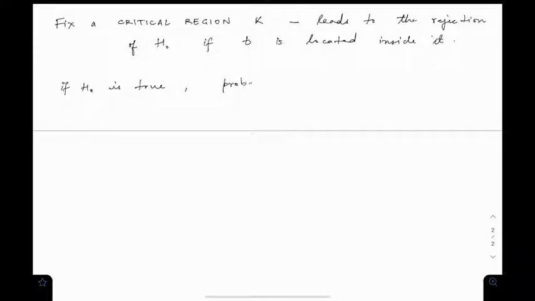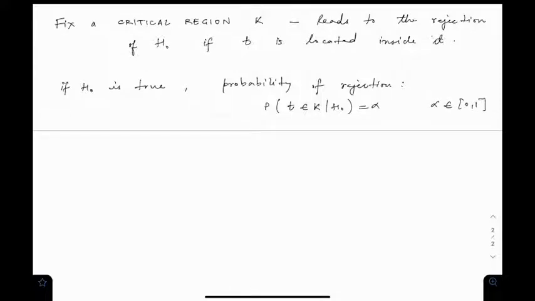the probability of rejection of H0, which is the probability that T belongs to K given H0, is alpha, where alpha is a number between 0 and 1, and it's normally a small quantity.